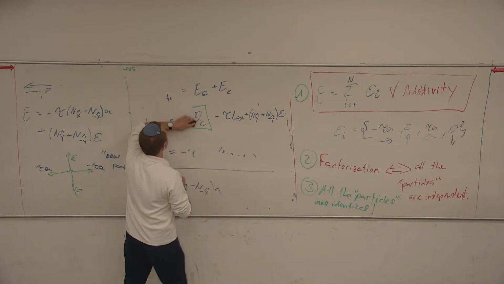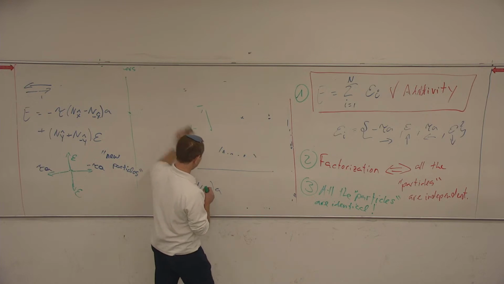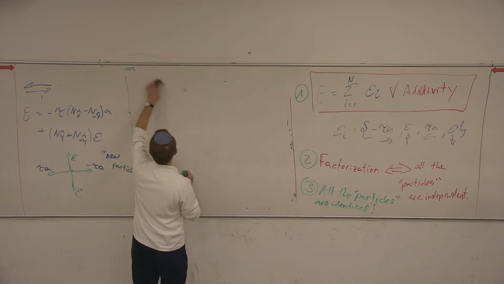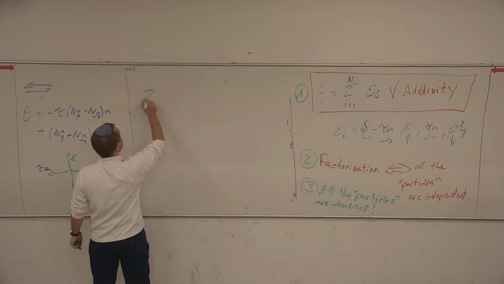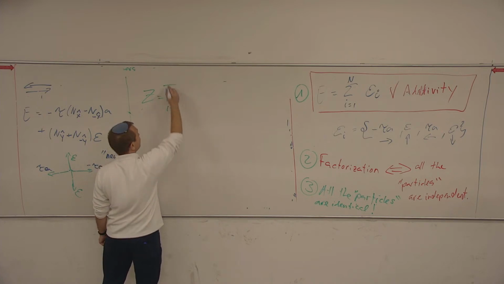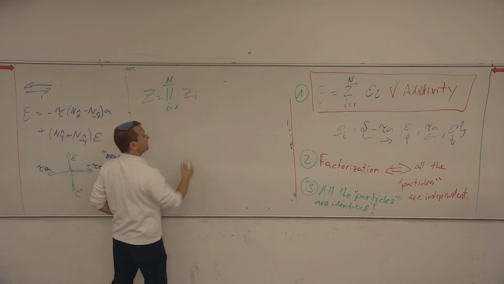So in order to compute the partition function of the whole system, Z equals a multiplication from 1 to n of Zi.